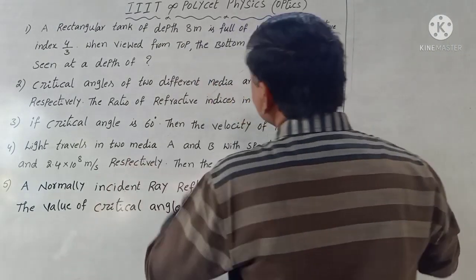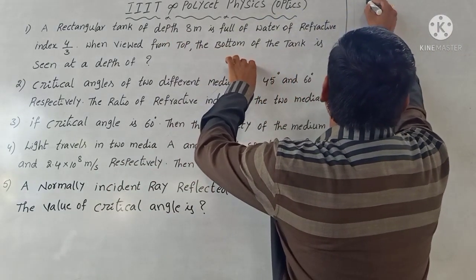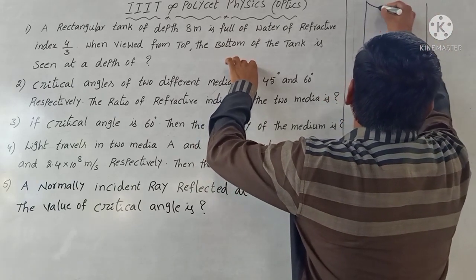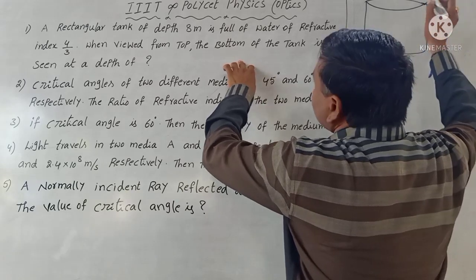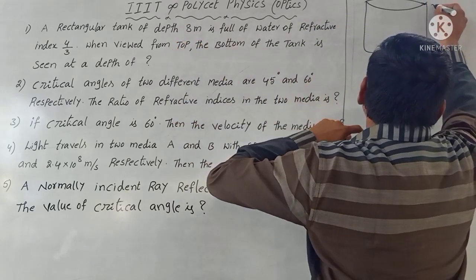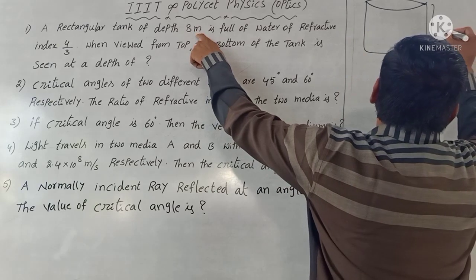What is the first problem? First of all, we take the rectangular tank. The actual depth is 8 meter.